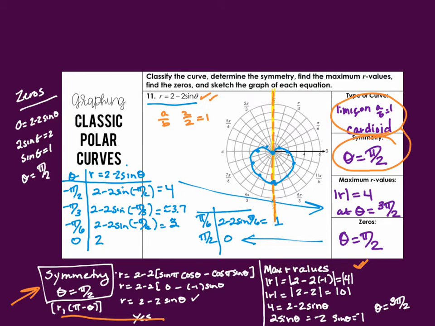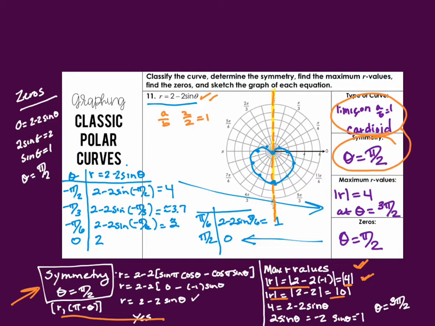First I set sine theta equal to -1, and I get a 4, absolute value 4. And when I set it to a positive 1, I get 0. So I know 4 is going to be my maximum R value. I need to know what angle it will be.